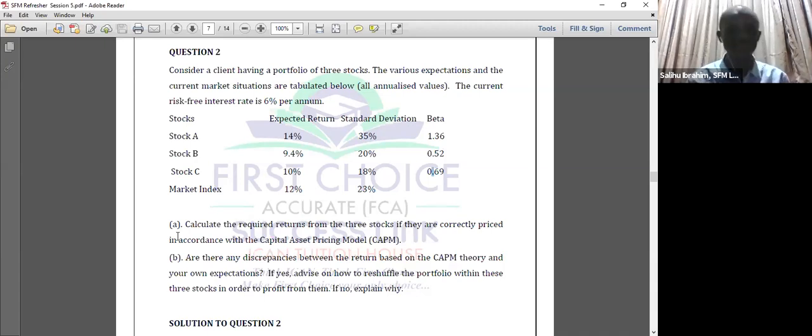Now, when we say standard deviation, we are talking of how our expected return tends to deviate from our required return. What do we mean by expected return? And what do we mean by required return? The required return on investment is your own desire. The investor desires a desired outcome of that portfolio.